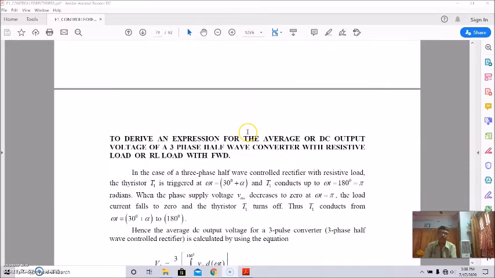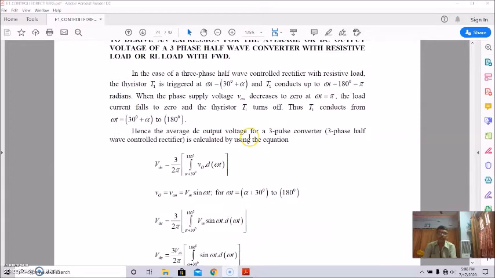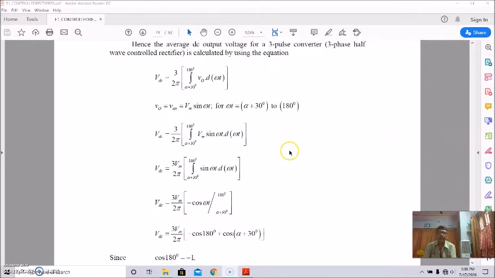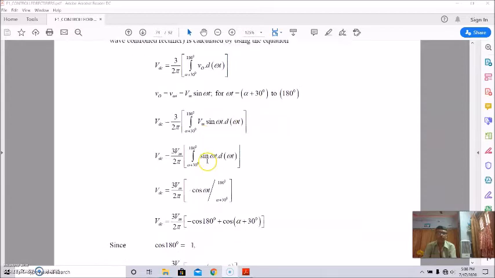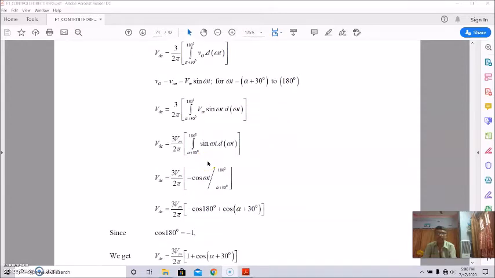If we take this into consideration and put this value, integrating sin omega t d omega t over alpha plus 30 degree to 180 degree, the integration of sin omega t is minus cos omega t, with limits from alpha plus 30 degree to 180 degree.